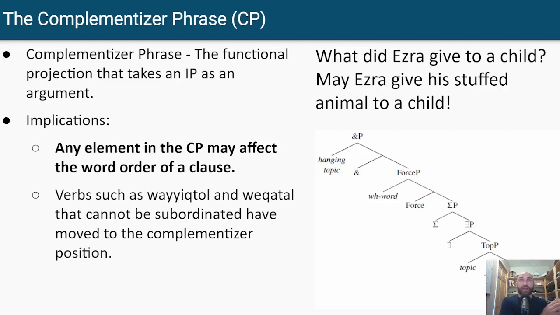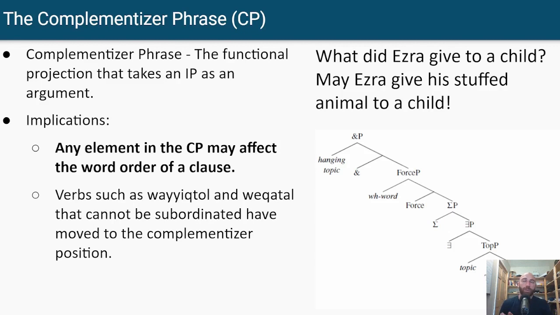But that's showing that we have this verb initial sentence with a special meaning. And this is expressing a wish, right? May Ezra give his stuffed animal to a child. So here again, there's some sort of element that's before the subject that is giving us a different meaning.